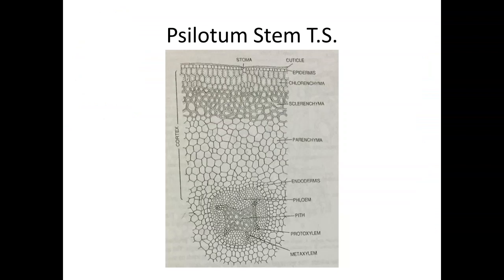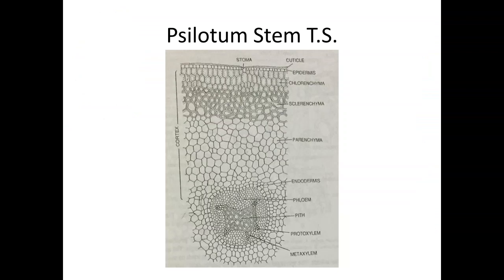Now the middle cortex is generally sclerenchymatous, the cells are thick walled. They have lignin deposition. Then the innermost cortex is made up of parenchyma tissue. The cells are generally thin walled and compactly arranged.